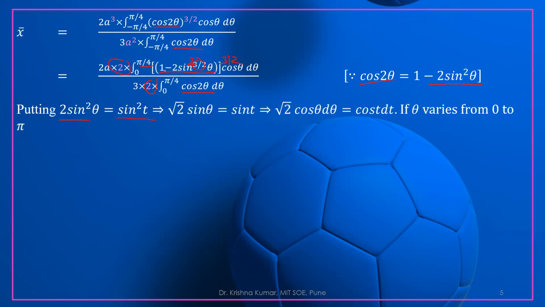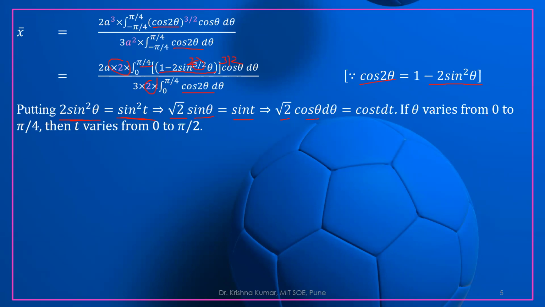Because we cannot simplify it otherwise. So 1 minus 2 sine square theta we have. So let us put 2 sine square theta equal to sine square t. So what is its root? Root of 2 sine square theta is root 2 sine theta, and root of sine square t is sine t. So root 2 cos theta d theta, what's the derivative of this? It is equal to cos t dt.